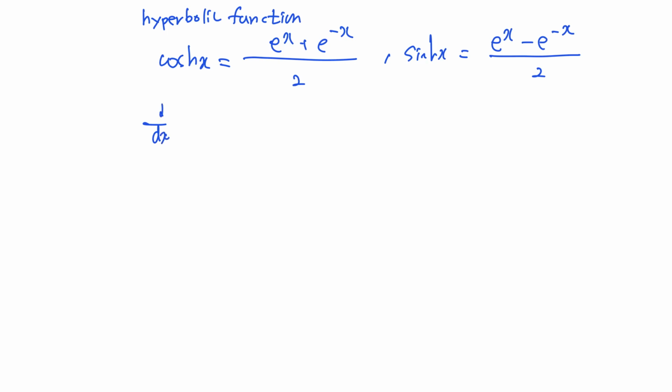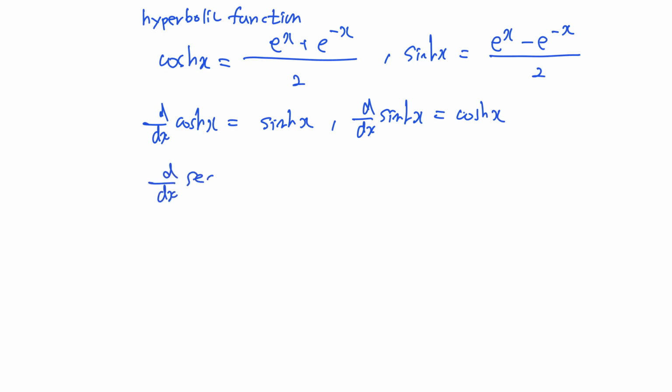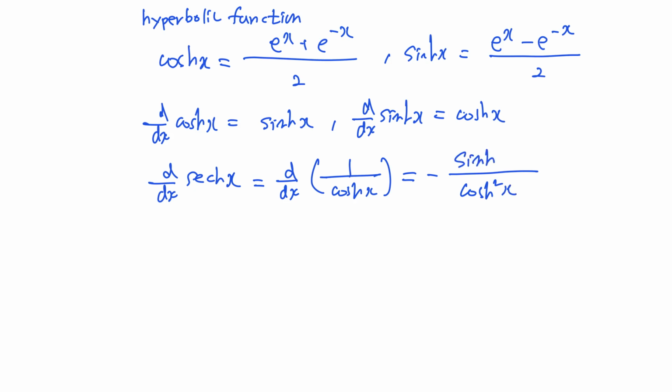So d cosine hyperbolic x is actually sine hyperbolic x, and d sine hyperbolic x is cosine hyperbolic x. d secant hyperbolic x is d of 1 over cosine hyperbolic x, which is minus sine hyperbolic x over cosine hyperbolic square x, which is minus tangent hyperbolic x times secant hyperbolic x. Right?